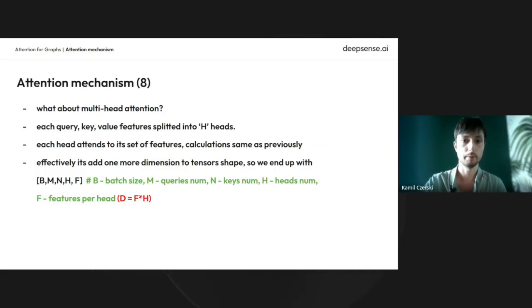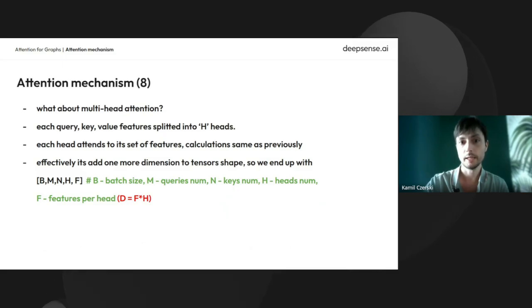They are processed by separate heads, but each head does the calculations that we showed so far, just separately. So the dimensionality of our problem in the end is batch size, because it's machine learning, we always have a batch size, then number of queries, number of keys, and then the last dimension is split into two dimensions: heads number and features per head. But if you multiply features per head and heads number, you get back the original feature size that was on the input.